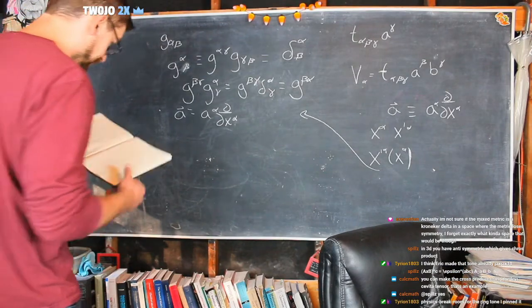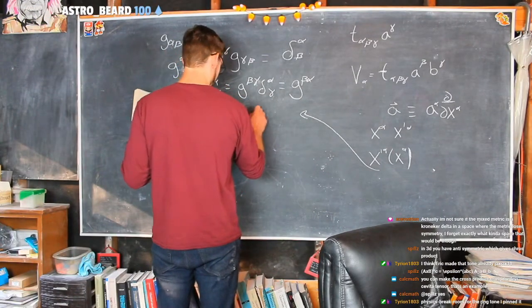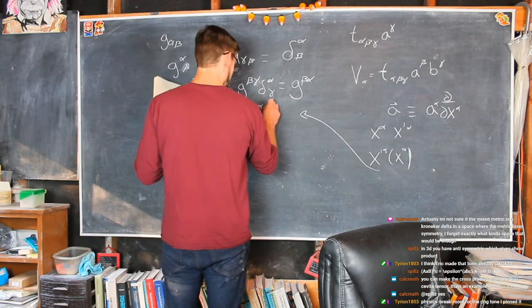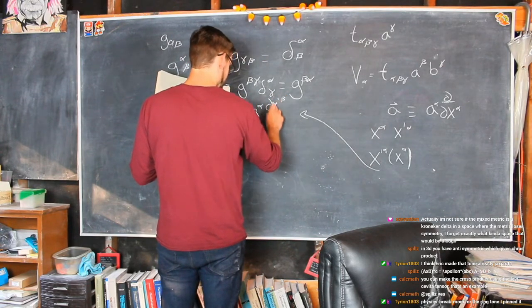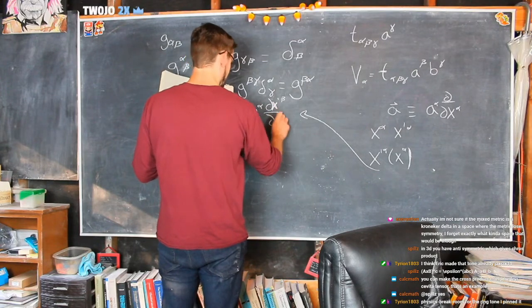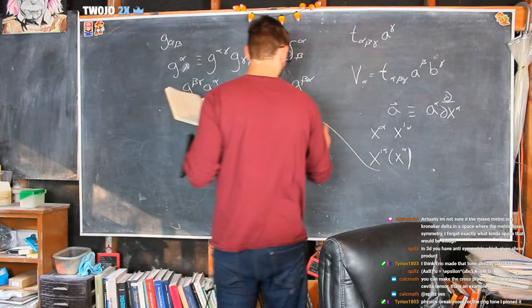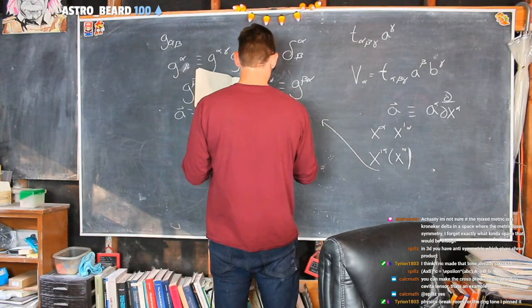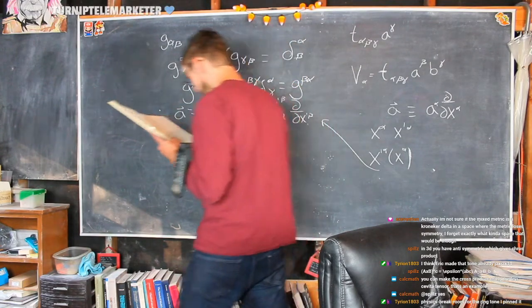Okay, so we can rewrite this. Then we can multiply it by 1, and we get A to the alpha, partial derivative of X prime beta with respect to X alpha, and then partial with respect to X prime beta.